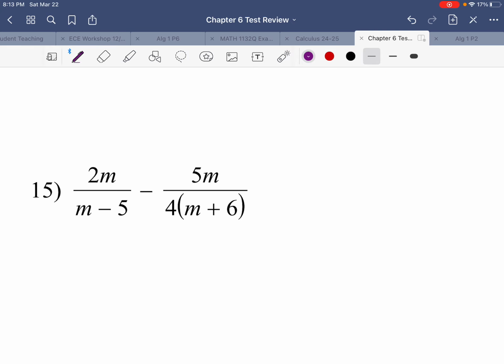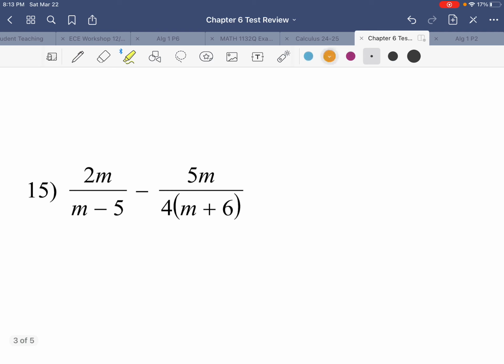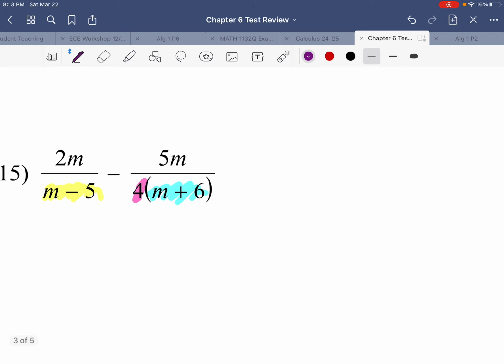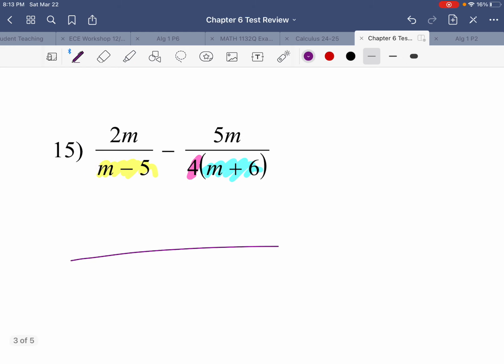All right, and number 15, I need a common denominator. I see it's m minus 5, m plus 6. I need to multiply by 4. Actually, wait, put the 4 first.